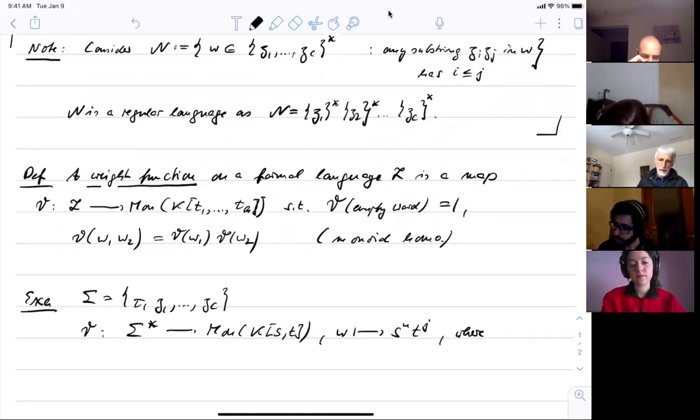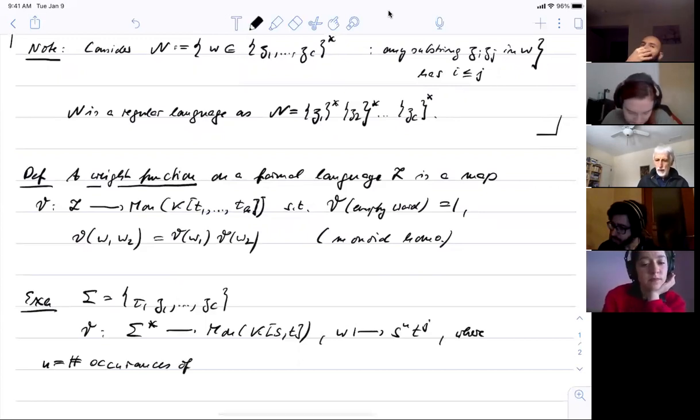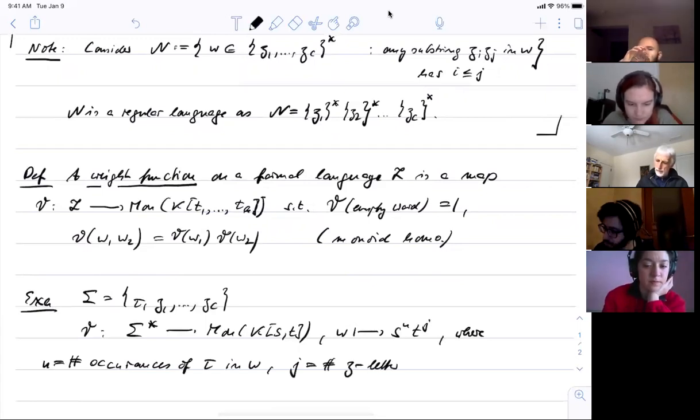Well, n is the number of occurrences of the letter tau in W, and j is the number of zeta letters in W.